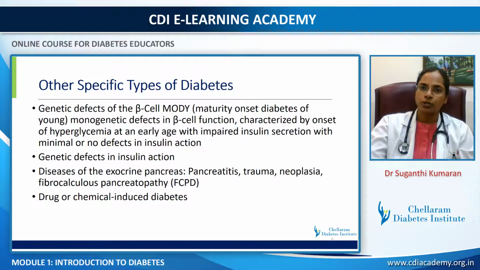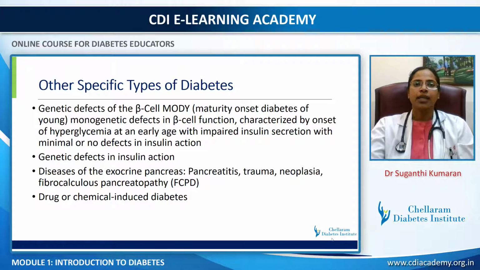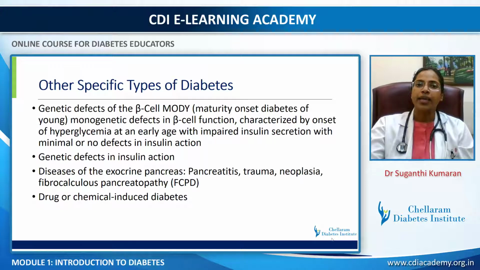Type 1 pathophysiology, I'll be talking about in more detail after a couple more slides. Let's focus on specific types of diabetes here. The genetic defects of beta cell. An example is maturity onset diabetes of the young, where there is a monogenetic, which means one gene defect, in the beta cell function.